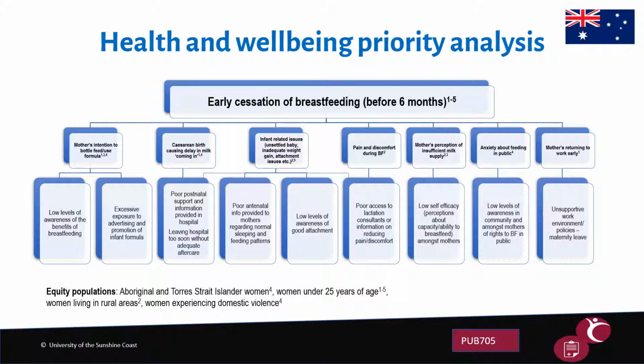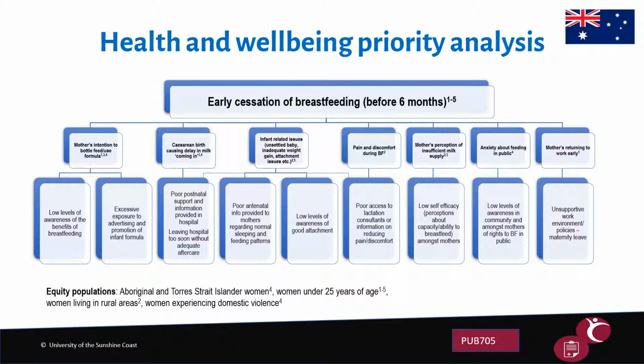And in this example, in an Australian context, all of the determinants across the top row are immediate determinants. So those determinants immediately lead to the early cessation of breastfeeding, so before ceasing breastfeeding before 6 months. The bottom row are the contributing determinants for each of those immediate determinants.